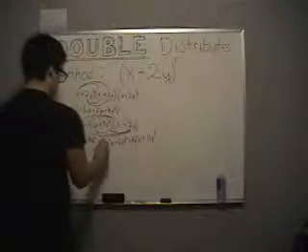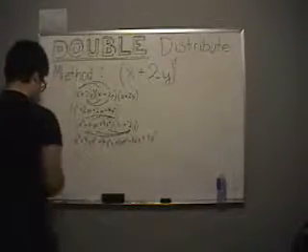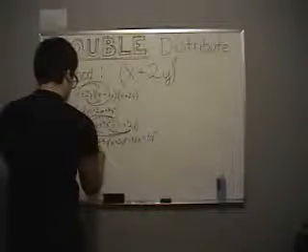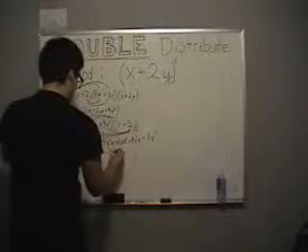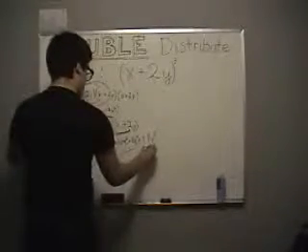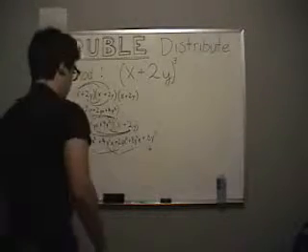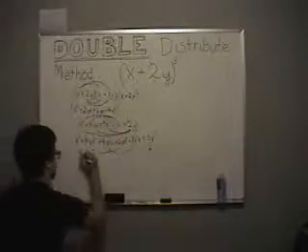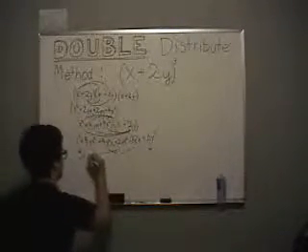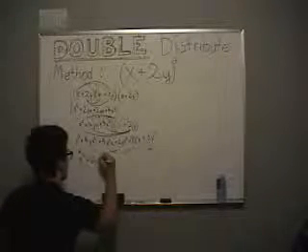Once you've identified your like terms, you can bring them down into what would be your final answer, which you rewrite as x cubed plus 6yx squared plus 12y squared x plus 8y cubed. And now you've finished your problem.